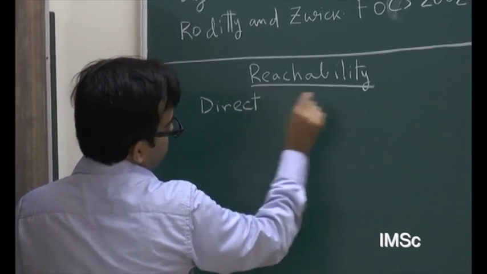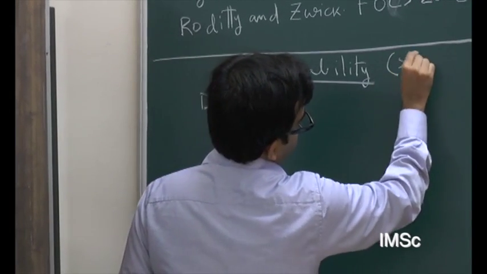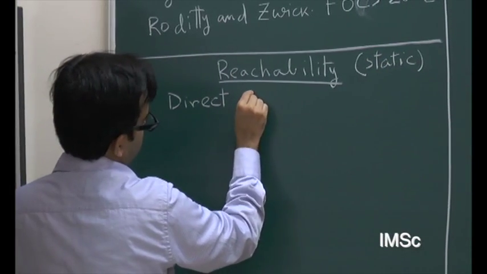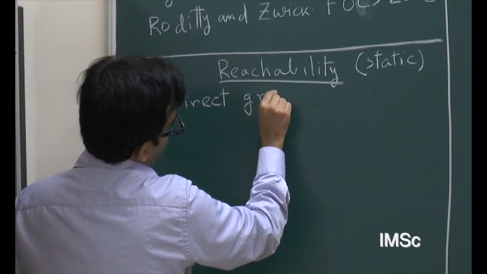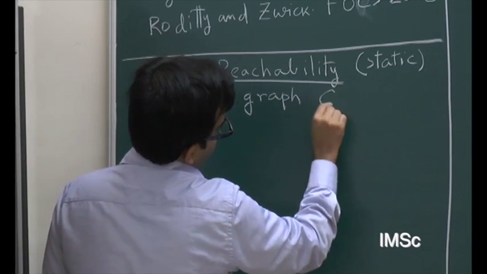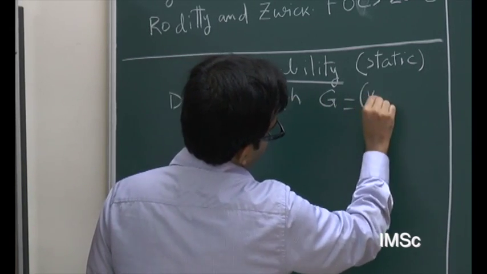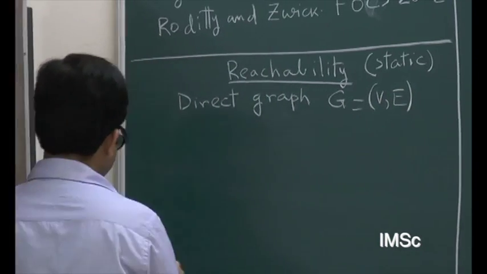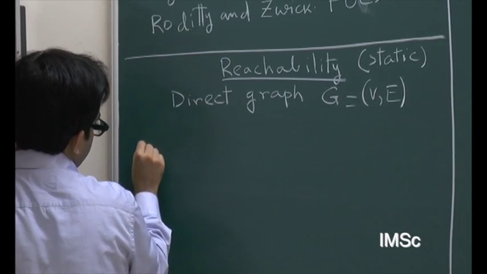So this is the static setting, for the time being. The input is a directed graph, and now there are three problems.